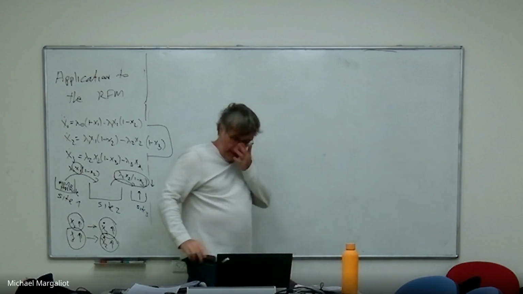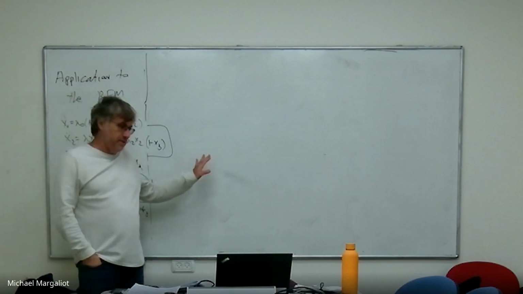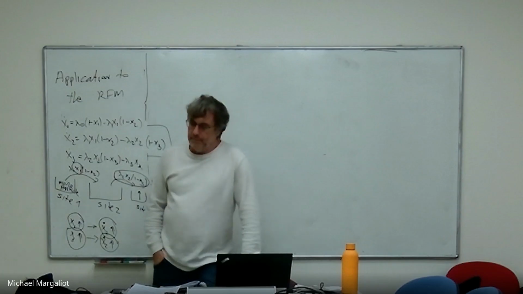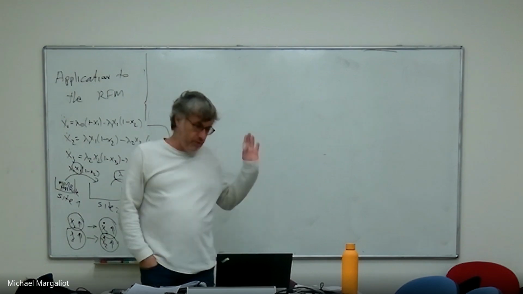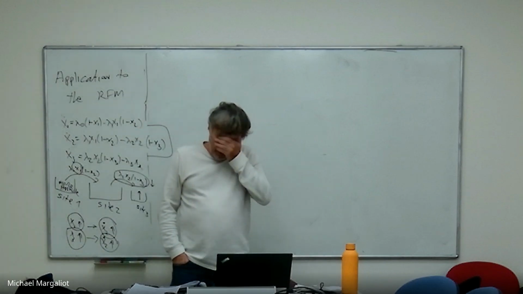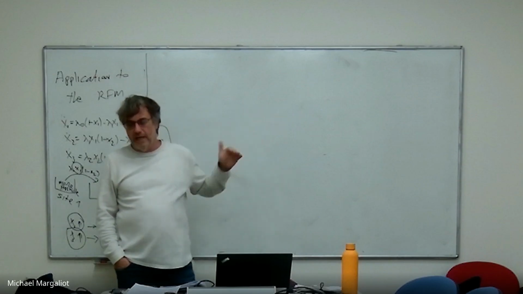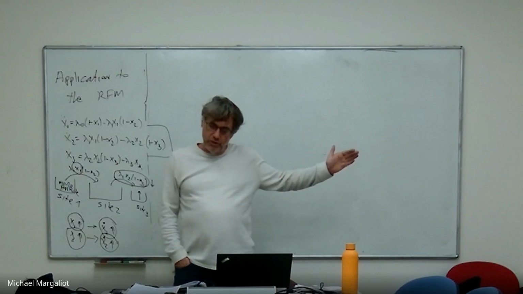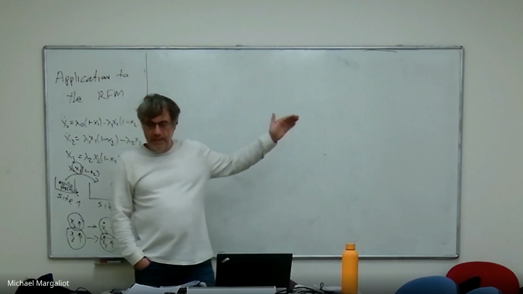Okay. By the way, another interesting question: the RFM is of course a mean field approximation of TASEP. Many of the results that we discuss and prove here, you can ask about TASEP as well. So you can think about TASEP and say, what happens in TASEP if I start in two configurations, and in one of these configurations, there are more particles in each site than in the other configuration.